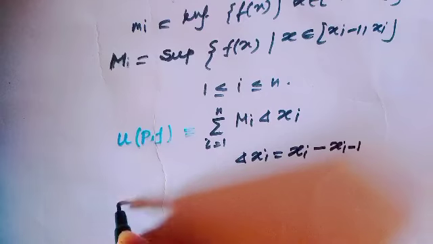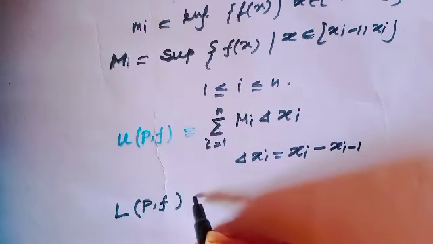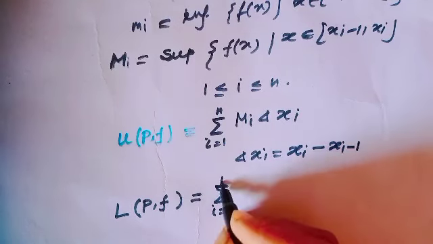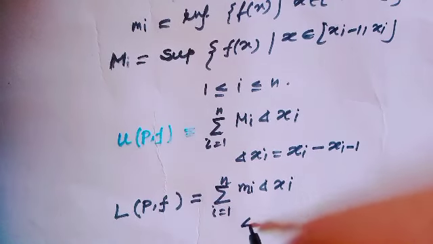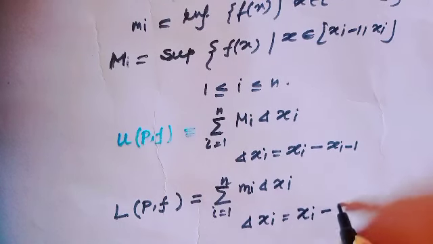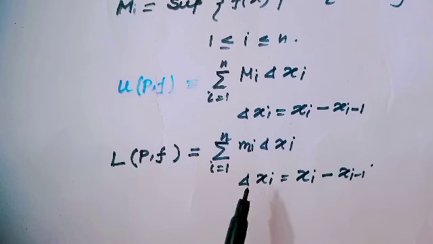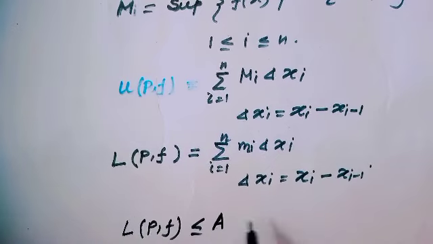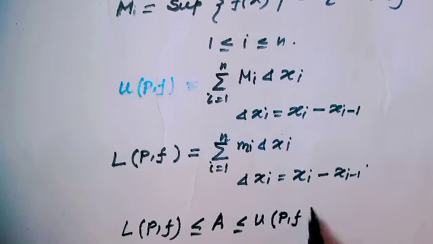And the lower Riemann sum is denoted as L(P, f), which is the summation from i equal to 1 to n of small mi times delta xi, where similarly delta xi is the width xi minus xi minus 1. Are you getting? From this notation it is obviously always true that L(P, f) is less than or equal to the area A, which is also less than or equal to the upper sum U(P, f).